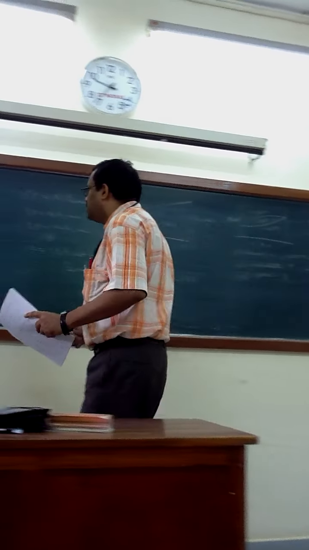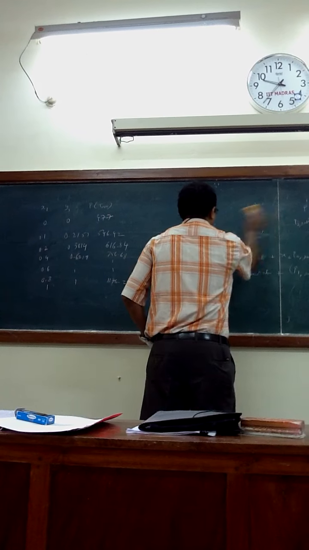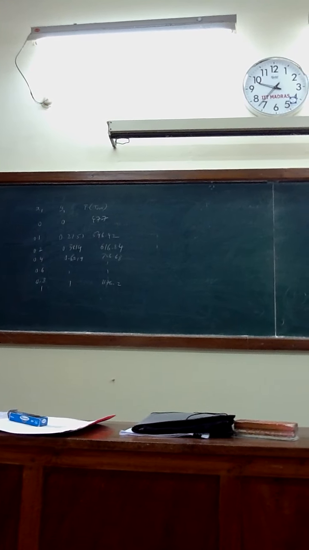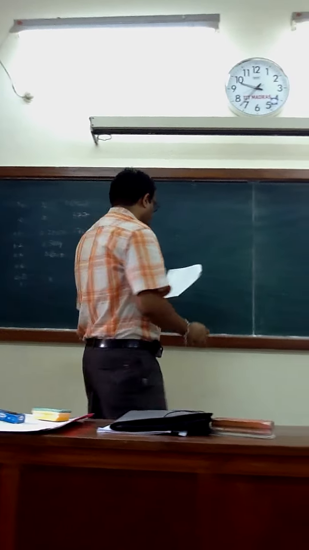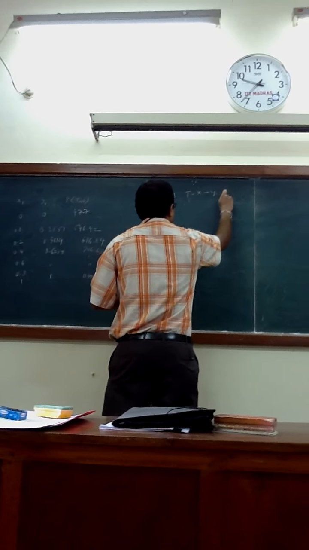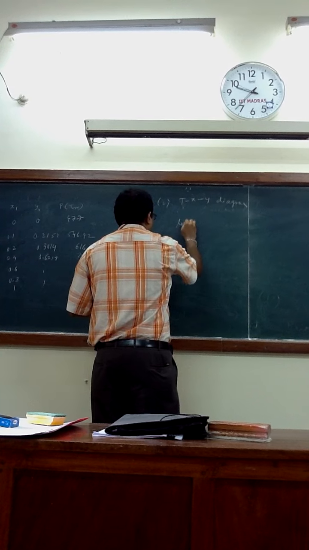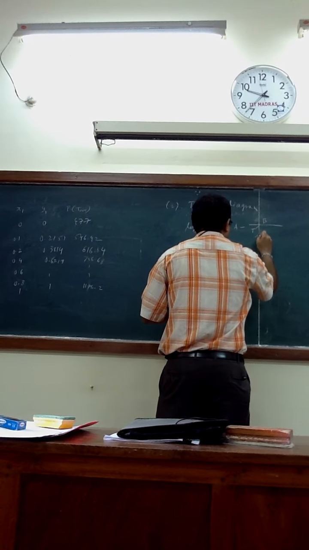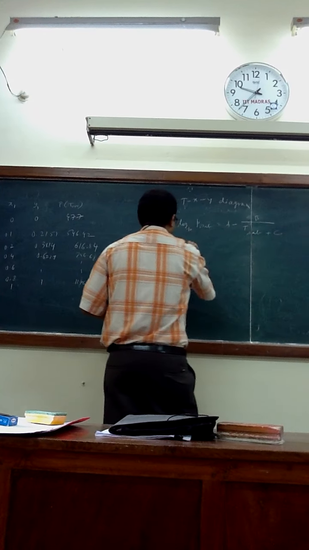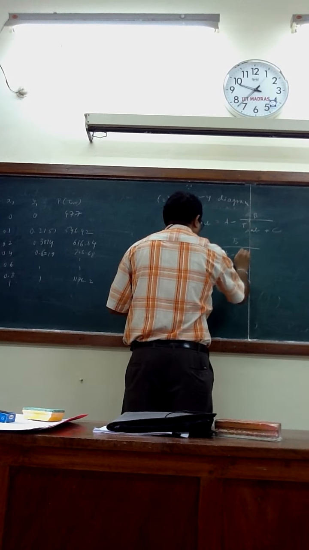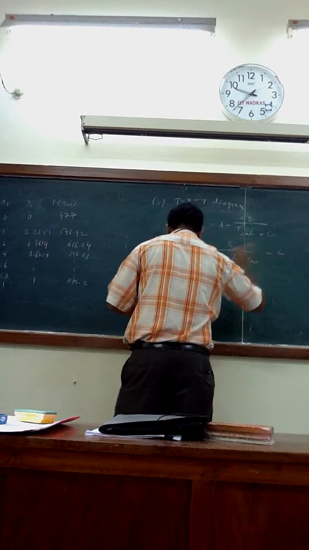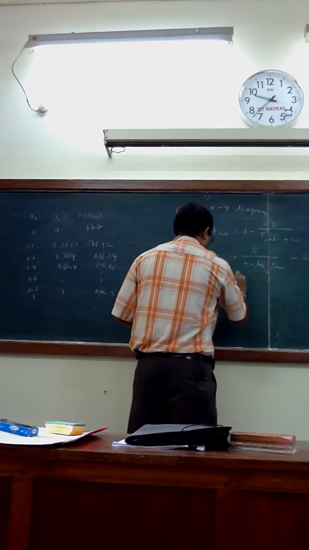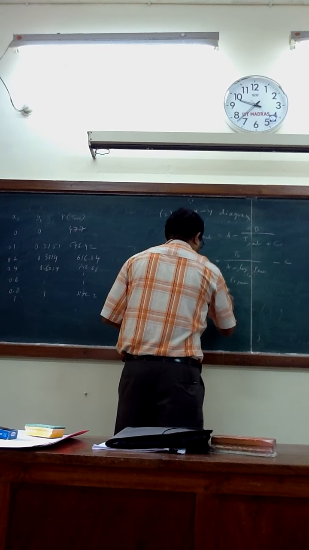We have the Antoine equation: log10 P sat is A minus B by T plus C, and T sat you can calculate as B by A minus log10 P sat, minus C. Also Y1 P equals X1 P1 sat and Y2 P equals X2 P2 sat.